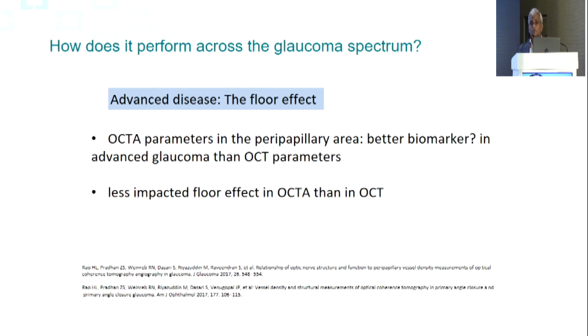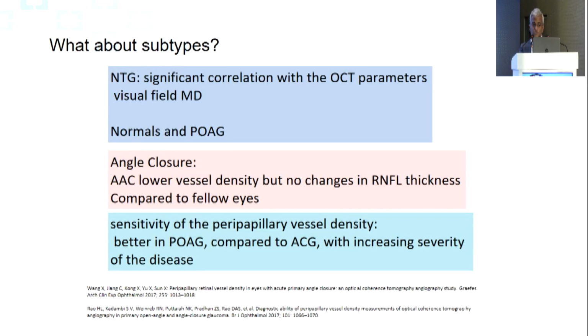Now, what happens when the disease is advanced? There's a floor effect like you have for OCT, and that makes it challenging, but in OCTA it seems that there's less impact of the floor effect because there is no limitation of the quantification as there is for the nerve fiber layer thickness with the standard OCT RNFL images.